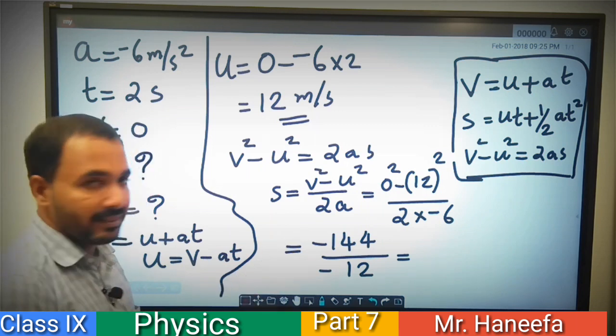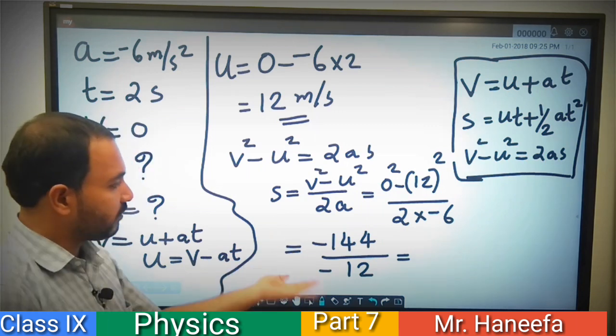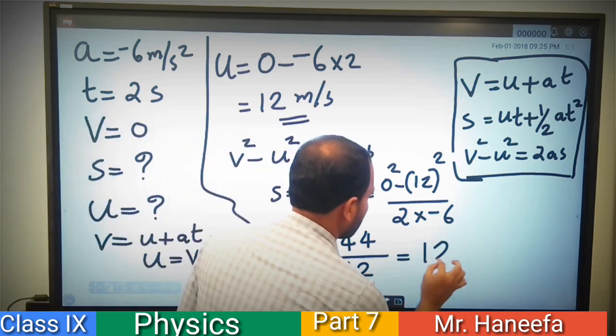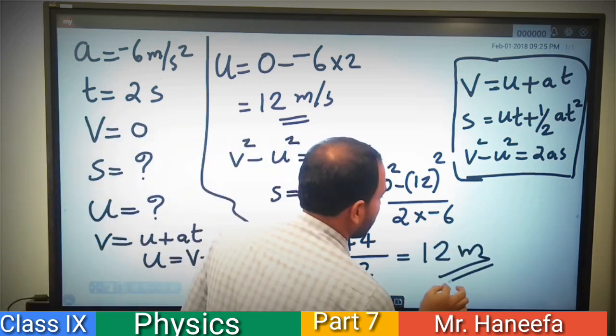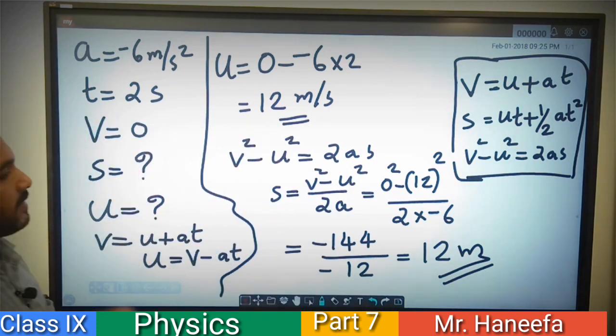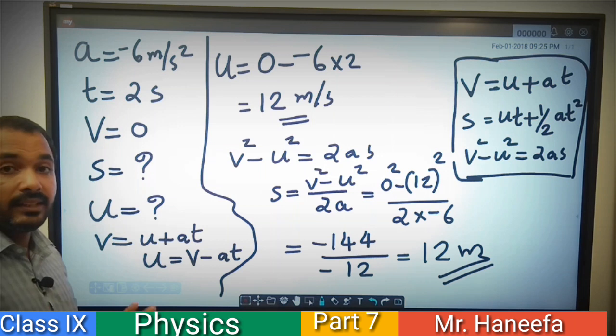Minus and minus cancel, 144 divided by 12 is 12 meter. That is the distance travelled by the car.